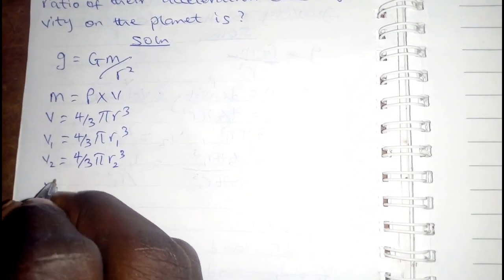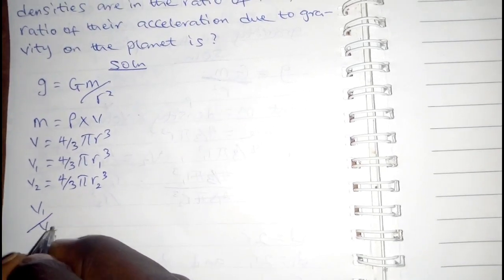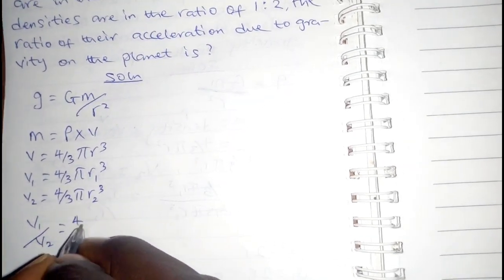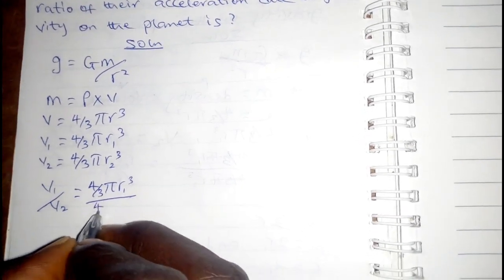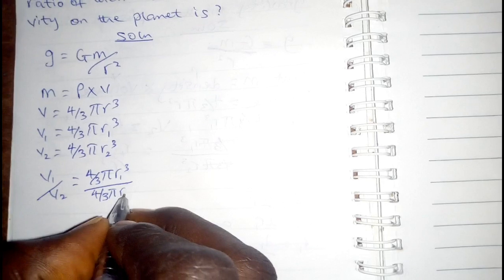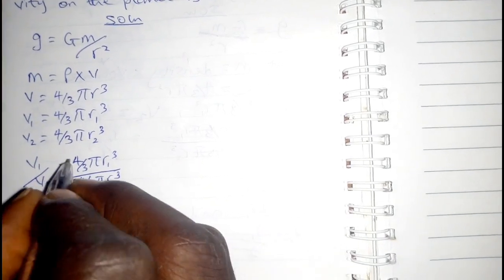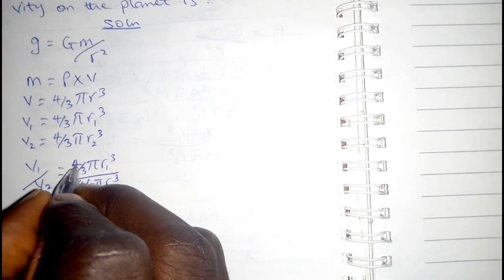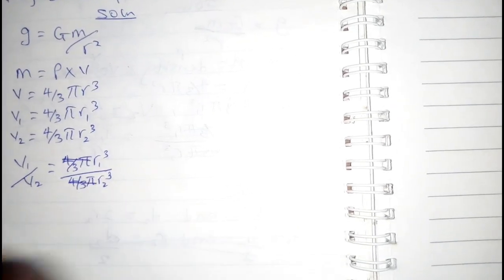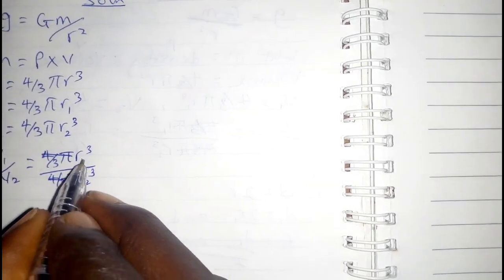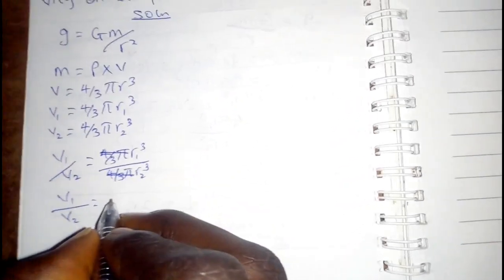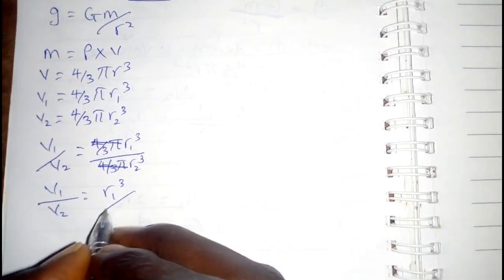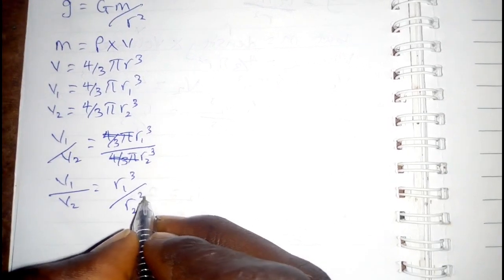Now if we take the ratio of the volumes, V1 over V2 is 4 over 3 pi r1 cubed over 4 over 3 pi r2 cubed, where 4 over 3 pi cancels 4 over 3 pi, remaining r1 cubed over r2 cubed. That means V1 over V2 is equal to r1 cubed over r2 cubed.